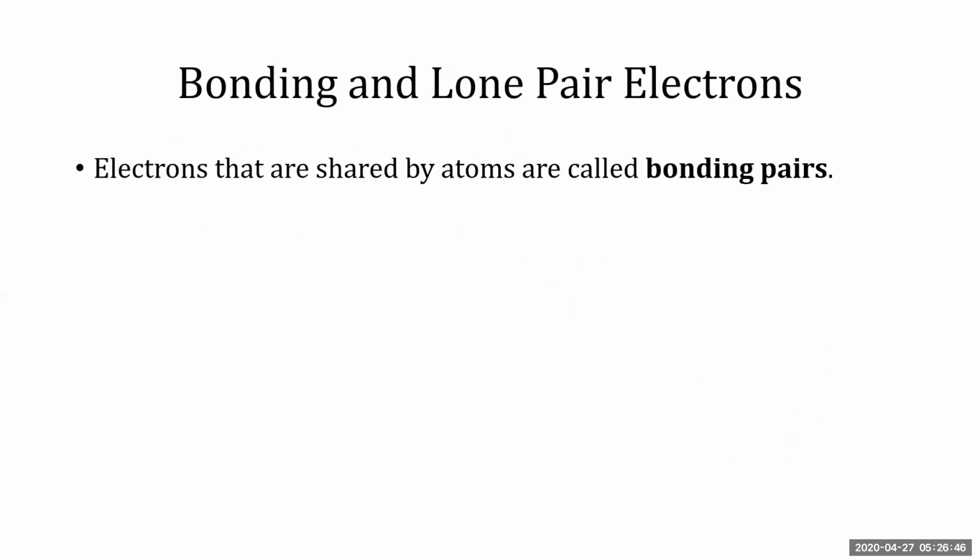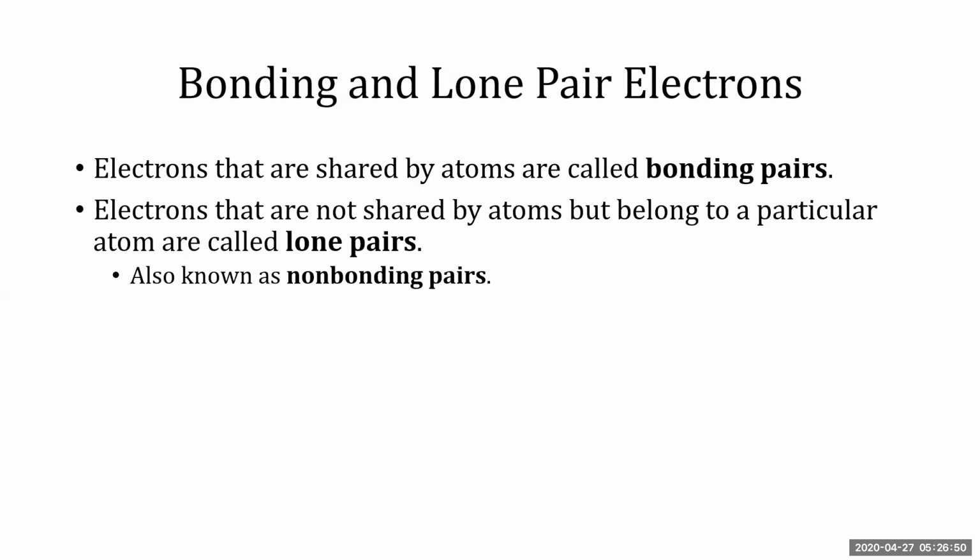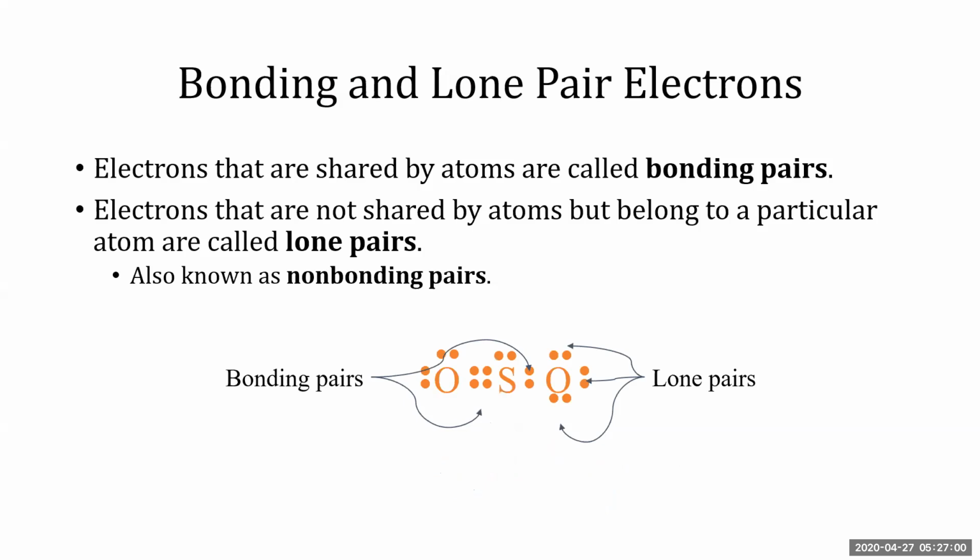Electrons that are shared by atoms are called bonding pairs. Electrons that are not shared by atoms but belong to a particular atom are called lone pairs, also known as non-bonding pairs. Below is an illustration of SO2 where there are 2 bonding pairs and 1 lone pair around the S atom.